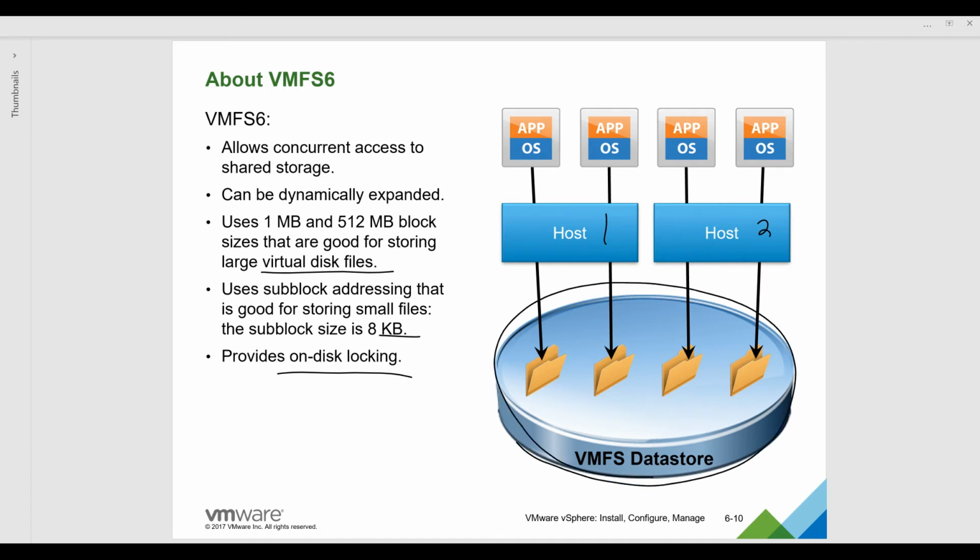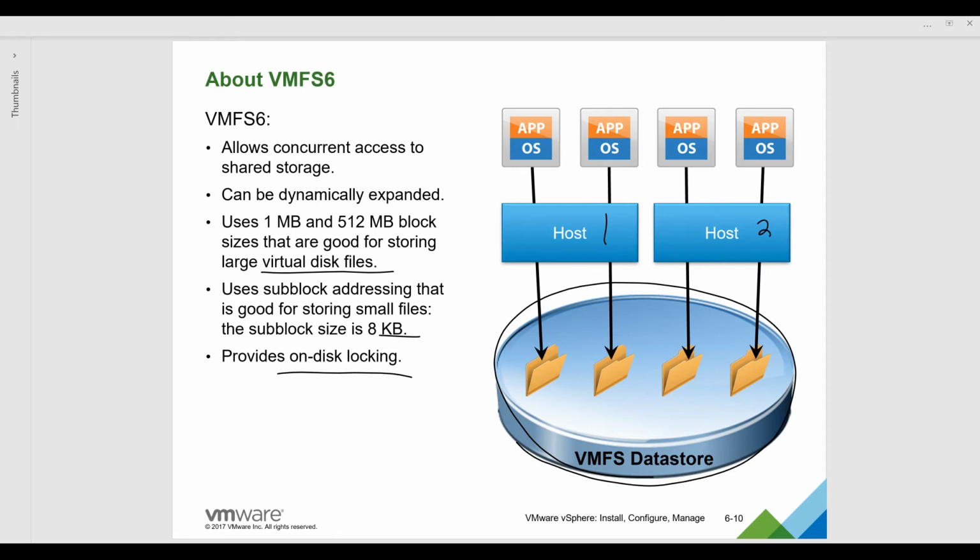Now, that clustered file system enables unique virtualization services that include migration of running virtual machines, vMotion, without downtime. It can do automatic restart of a failed virtual machine on a separate ESXi host, and clustering of virtual machines across various physical servers.